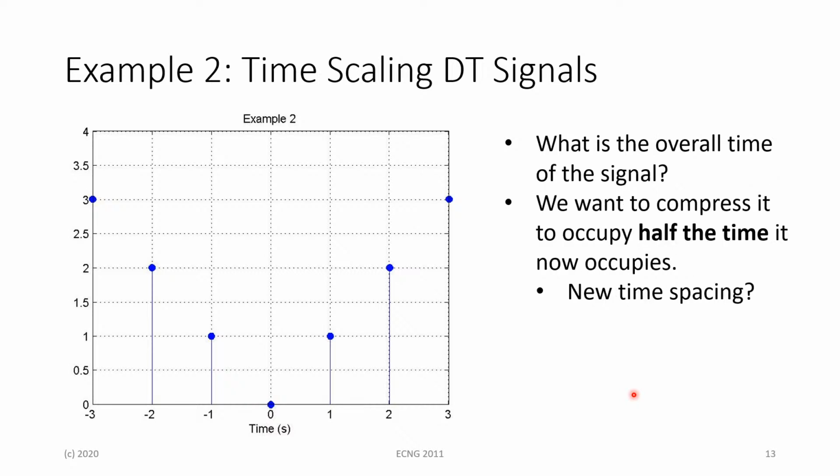So the overall time of the signal in discretized time is actually represented by the number of samples we have. We know n here went from -3 to +3. In compressing this, we're going to have to obtain our new time spacing to figure out how we actually obtain this compression.